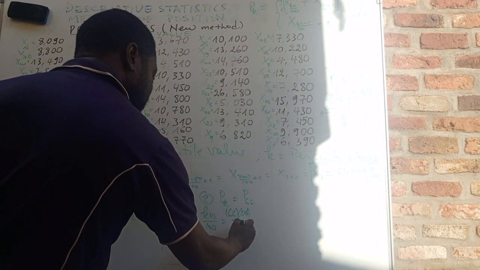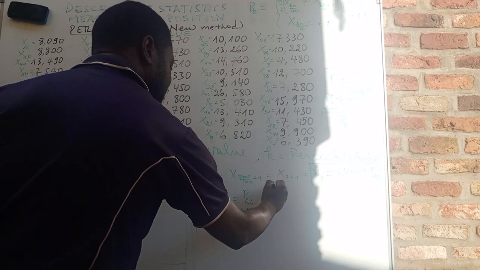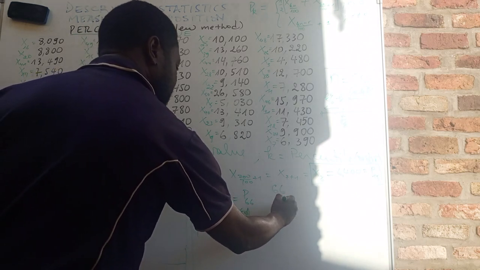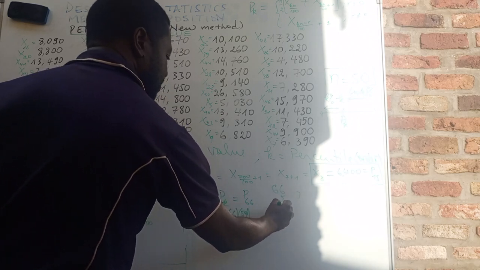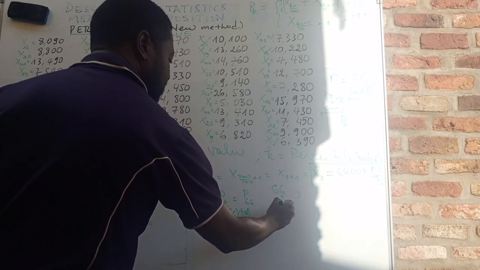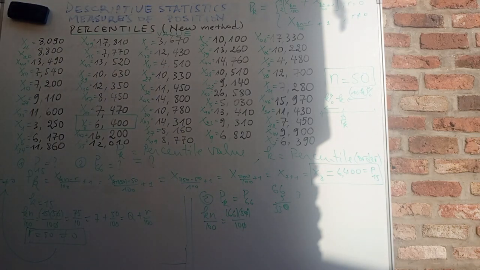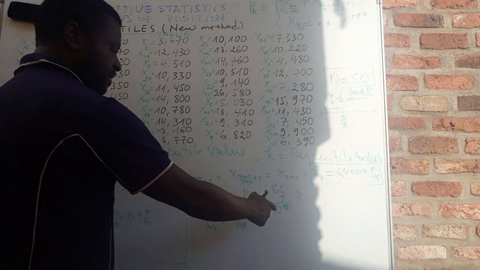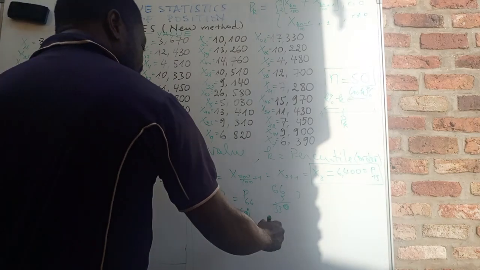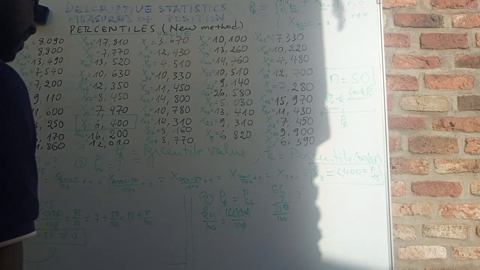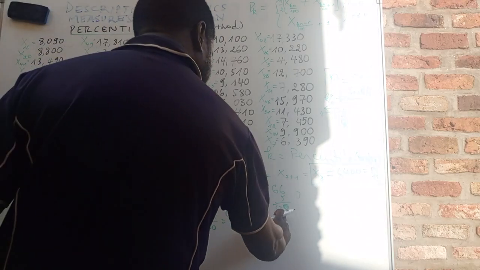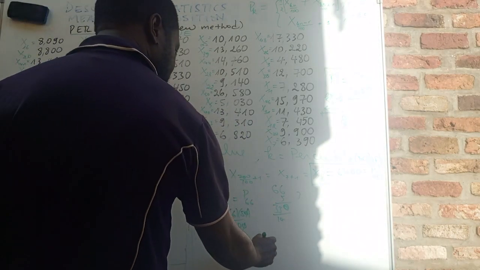So simplification, we have 66 times 5, which gives 330. Now we divide by 10 because we have simplified already.